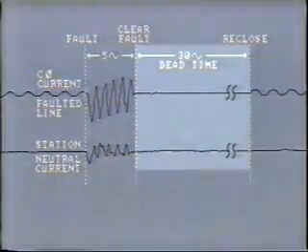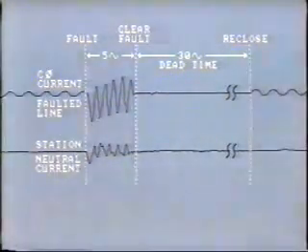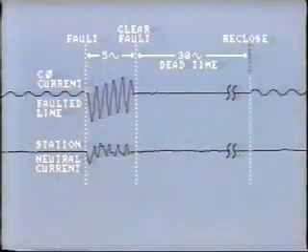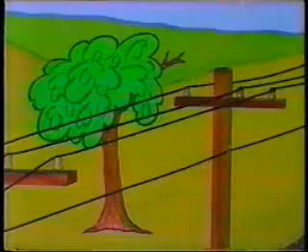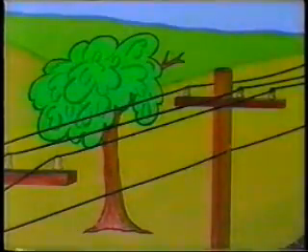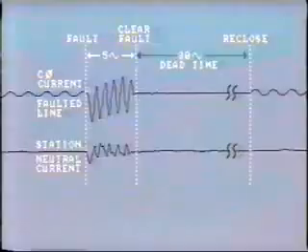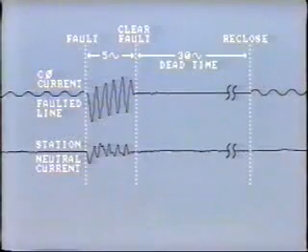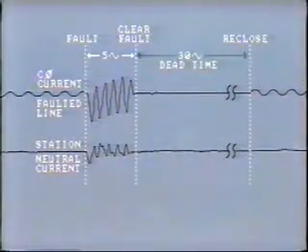There are about 30 cycles of line dead time before breaker number 1 recloses. Like most faults on overhead lines, this one was transient in nature. It was probably caused by insulator flashover from a lightning surge, or perhaps high winds momentarily pushing a tree branch into the conductor. 30 cycles of dead time with no current flowing is usually sufficient to allow the fault arc to deionize.